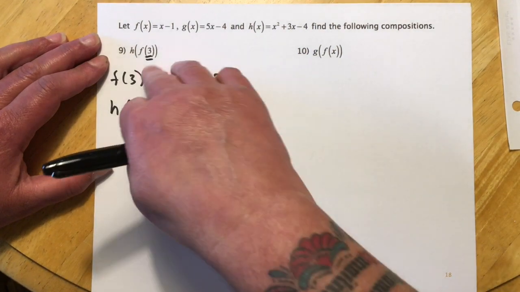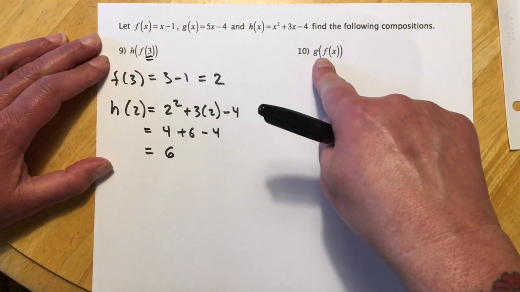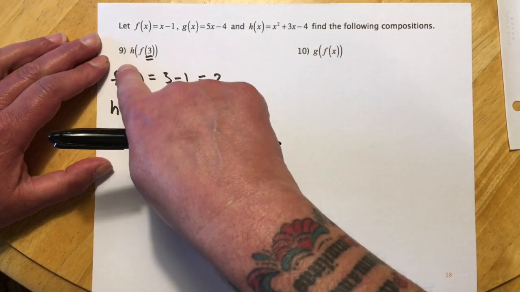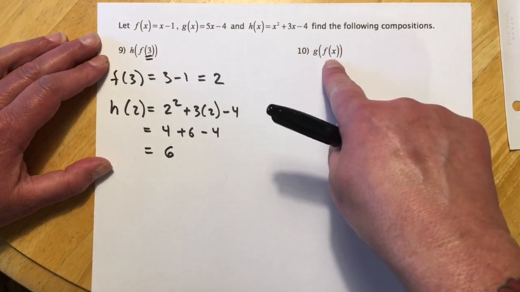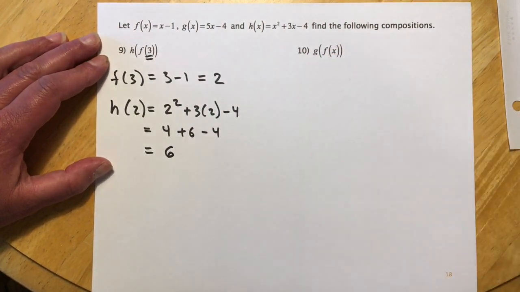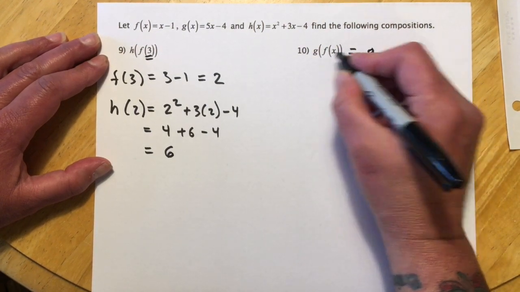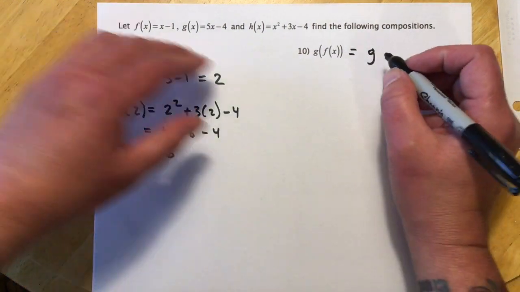So that's when we have a number. We're evaluating these functions at 3. This is different. This was a composite of h and f evaluated at 3. This is just a composite of g and f. So f is going to be the input of g. Another way of thinking of this is f of x is replacing all the x's in g.